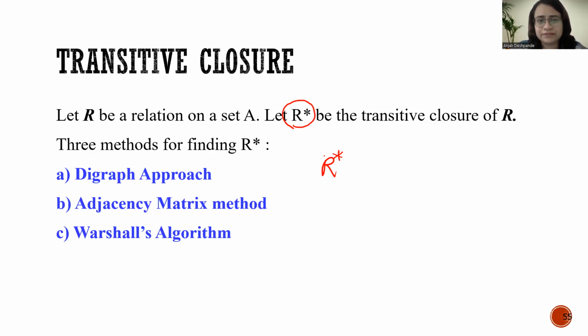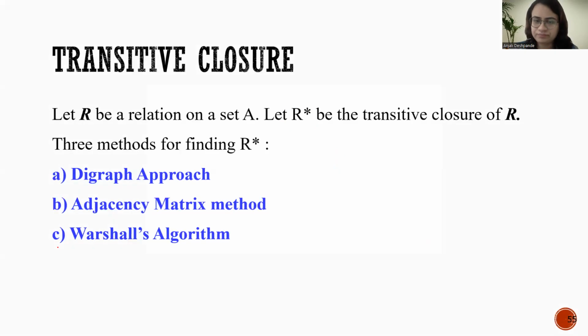Also, in some cases, addition of new tuples to the original relation triggers a chain of transitive pairs. Hence, there are various ways defined to find the transitive closure of any given relation. So they are the digraph approach, adjacency matrix method, and Warshall's algorithm. So today we are going to see the Warshall's algorithm to find transitive closure.